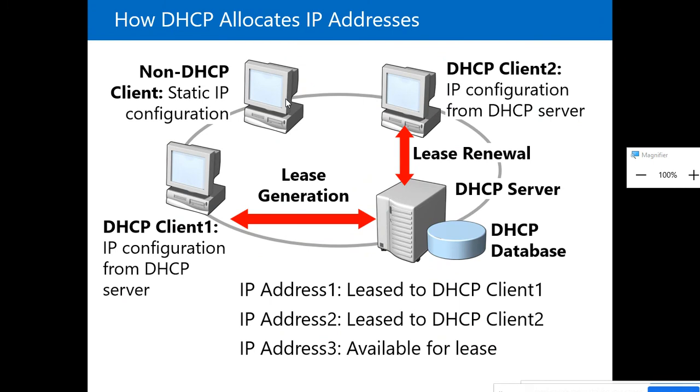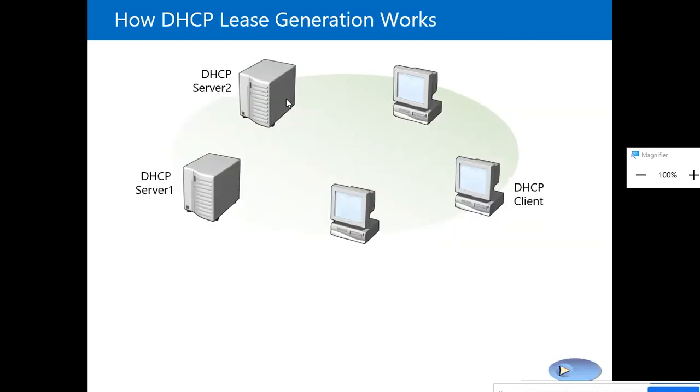DHCP client 1 and DHCP client 2 mean automatic configuration. So who will get an IP address? The DHCP clients will get an IP address, but static IPs won't go with the DHCP. So this is how DHCP works.